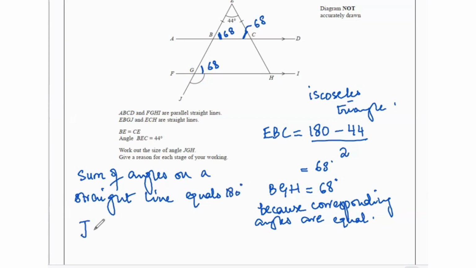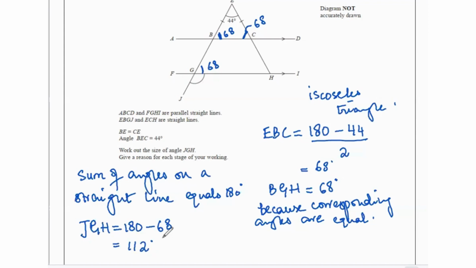So angle JGH equals 180 minus 68, which gives us the value of 112. That's your answer.